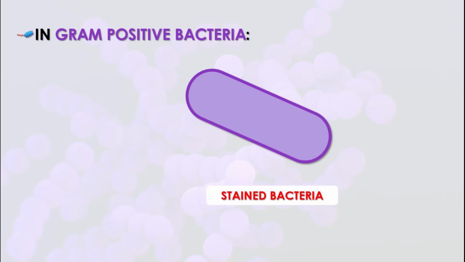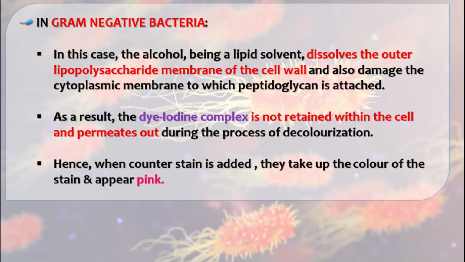In contrast, in the gram negative bacteria, the alcohol being a lipid solvent will dissolve the outer lipopolysaccharide membrane of the cell wall, and will also damage the cytoplasmic membrane to which the peptidoglycan is attached. That is, the concept depends on the lipid content. The lipid content is more in gram negative as compared to gram positive bacteria, and as a result the diiodine complex is not retained within the cell, and permeates out during the process of decolorization, so they lose the crystal violet and iodine complex.